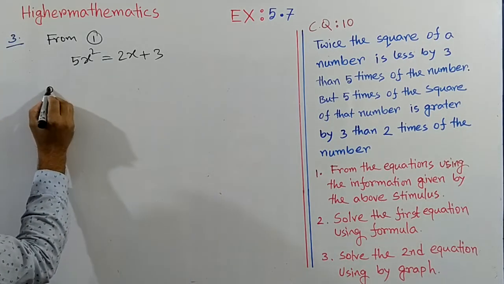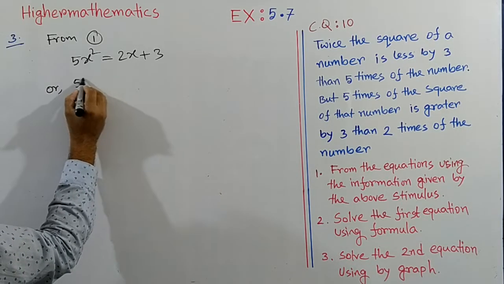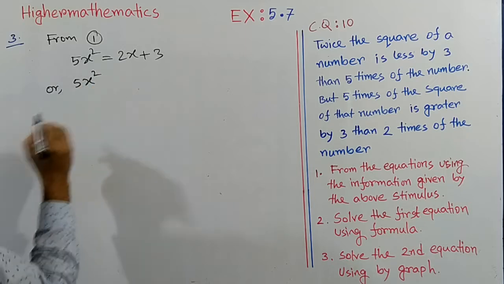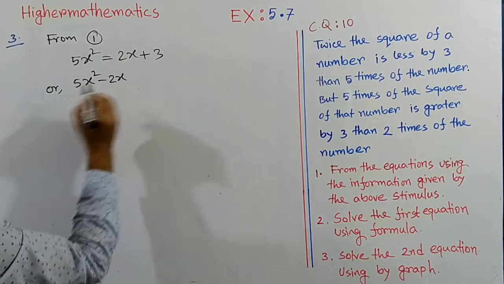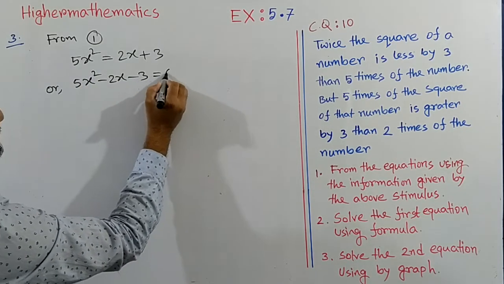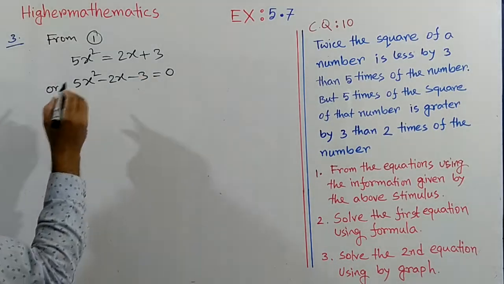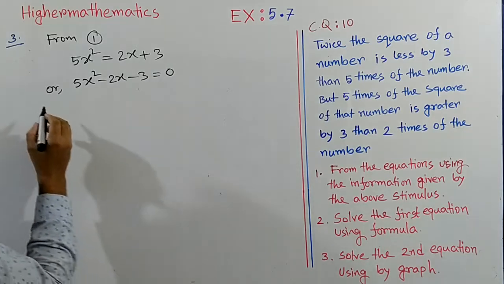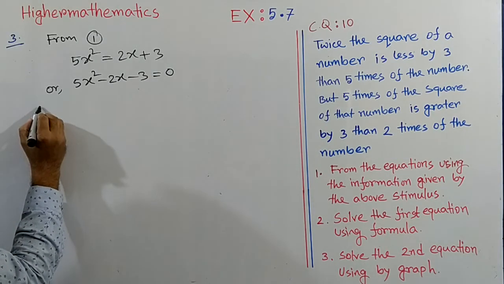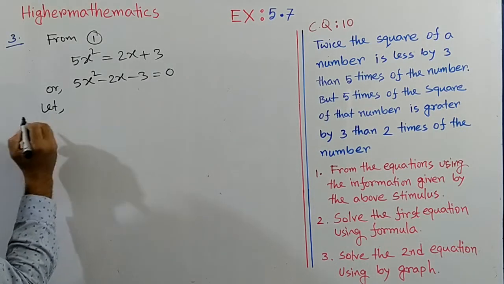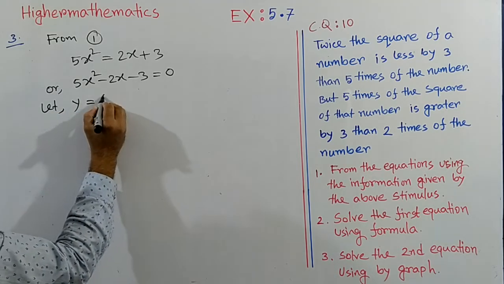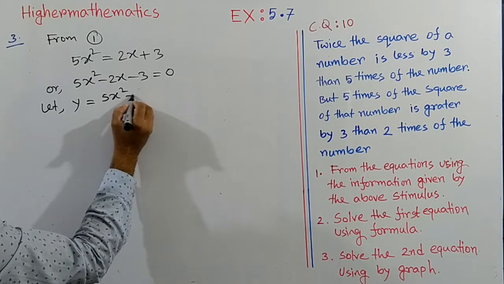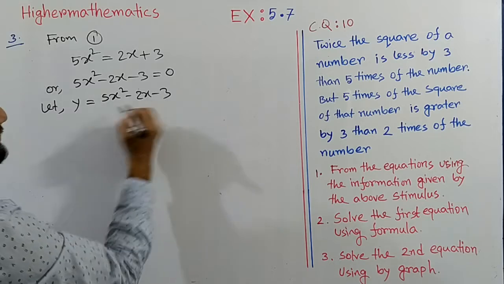By simple calculation we can write 5x² − 2x − 3 = 0. Let us solve by the graphical method and start the process. Let another variable y = 5x² − 2x − 3.